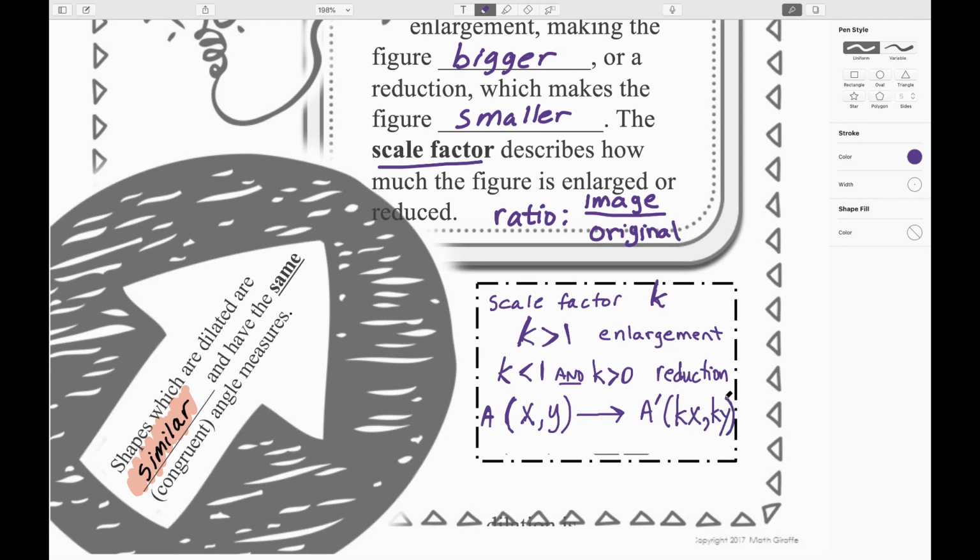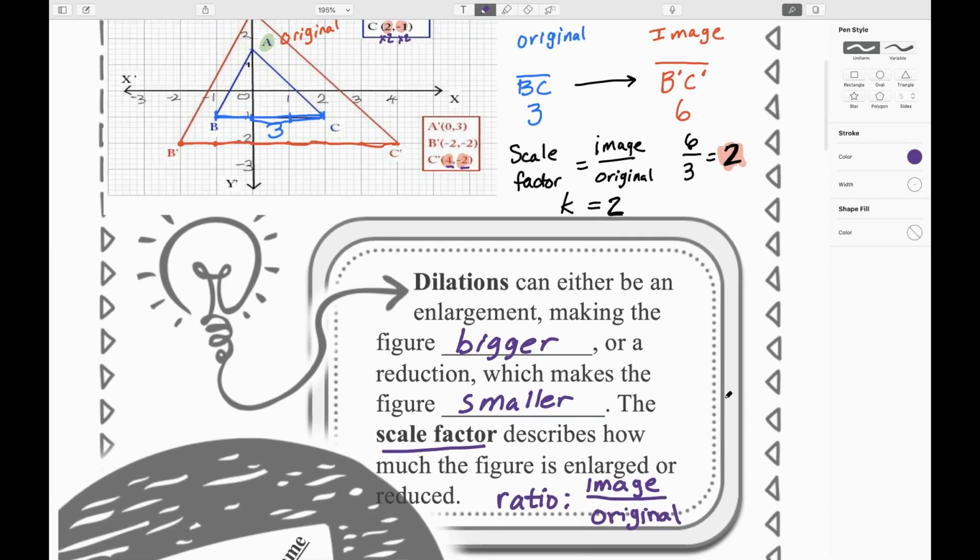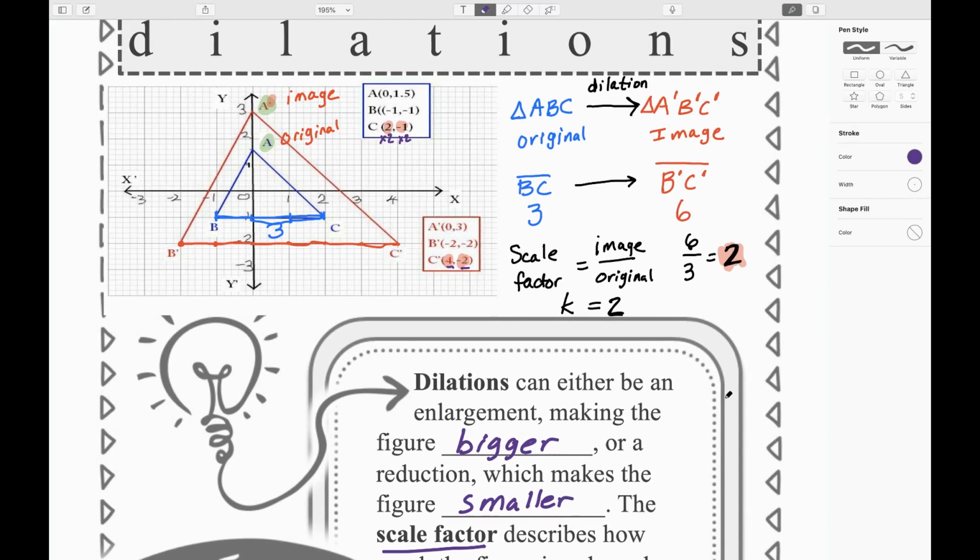So you're just taking that scale factor and multiplying it by each, the x and the y. So if I look up here, we could write C as (2, -1). And so we'd say that C prime is (2 times 2, -1 times 2). So we're just multiplying it by that scale factor. Here's the scale factor. And that's what a lot of the work in Big Ideas Math was.